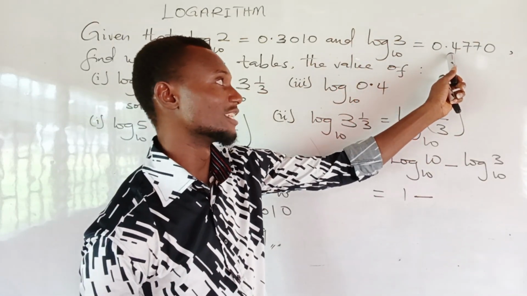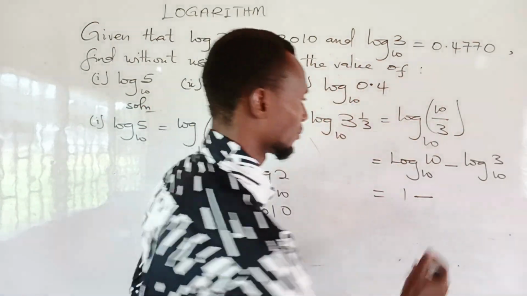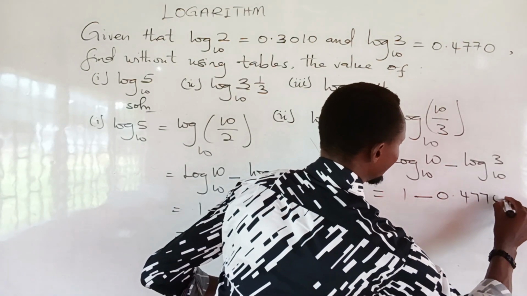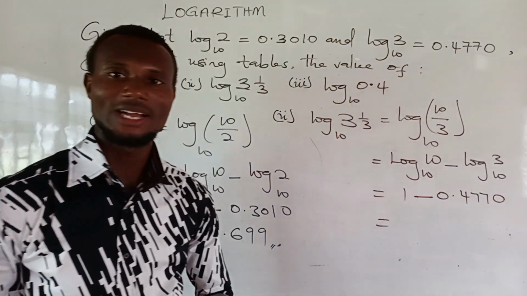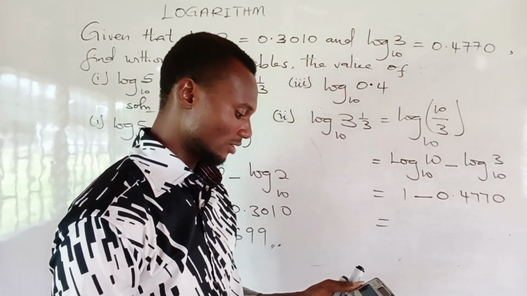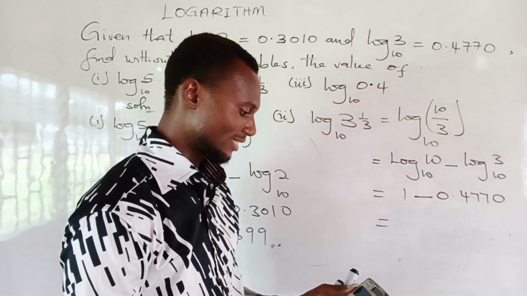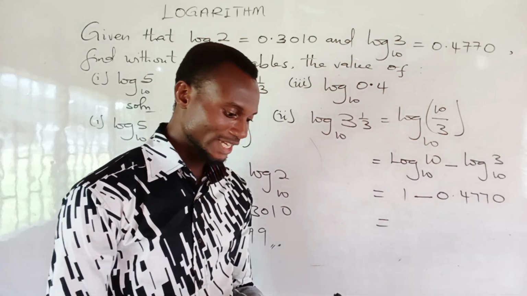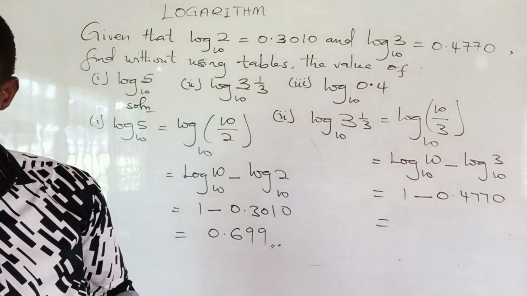So it's 0.4770. So I'm going to put the value there, 0.4770. Then use your calculator and let's get the final answer. So 1 minus 0.4770 is going to give 0.523.